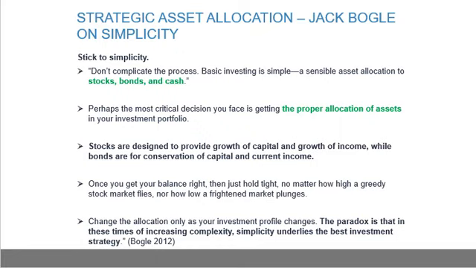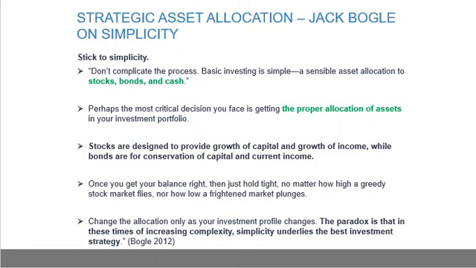Stocks are designed to provide growth of capital and growth of income through dividends, while bonds are for conservation of capital and current income. Once you get your balance right, then just hold tight, no matter how high a greedy stock market flies, nor how low a frightened market plunges. Change the allocation only as your investment profile changes. The paradox is that in these times of increasing complexity, simplicity underlies the best investment strategy.